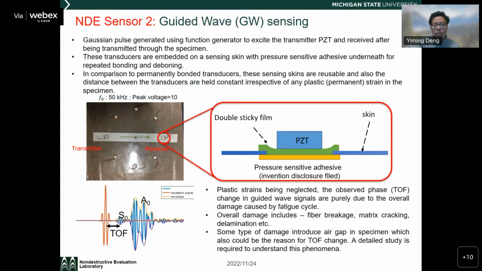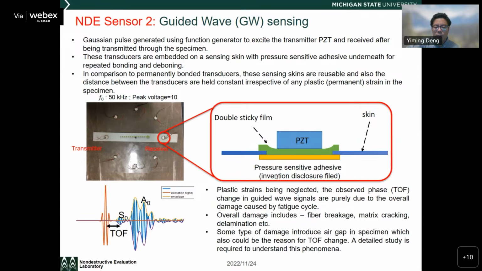If you zoom into this sensor setup, there's a clever design here where you use a double sticky film in between the PZT sensor and the sample. Then you make this flexible skin.